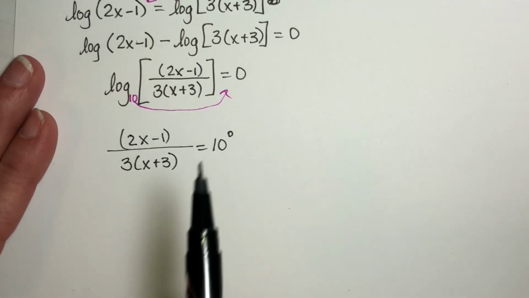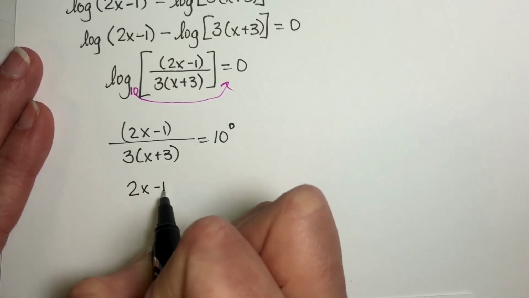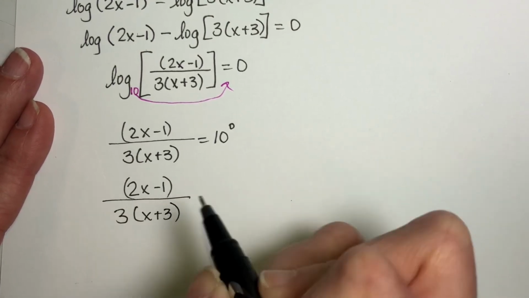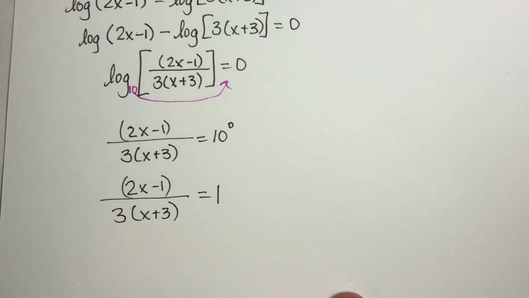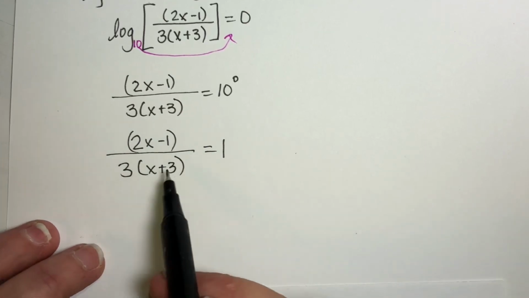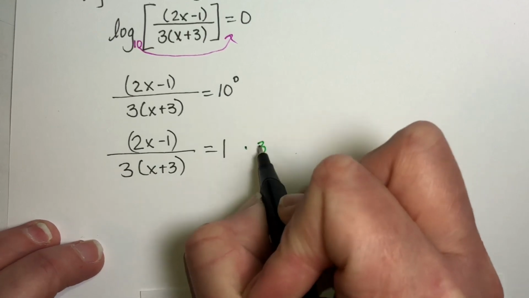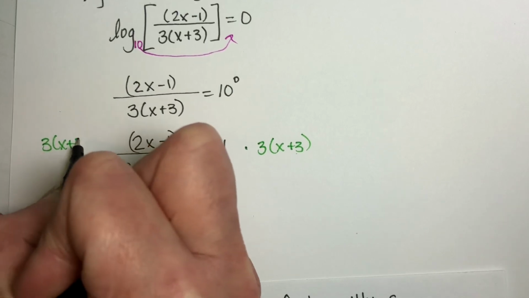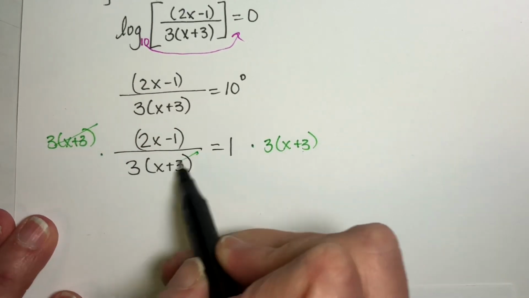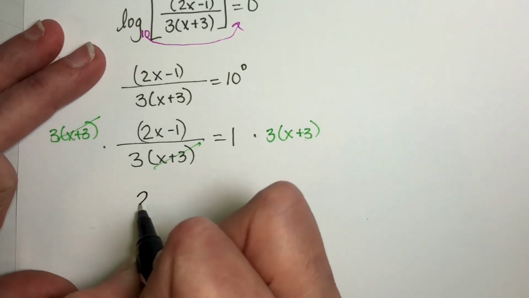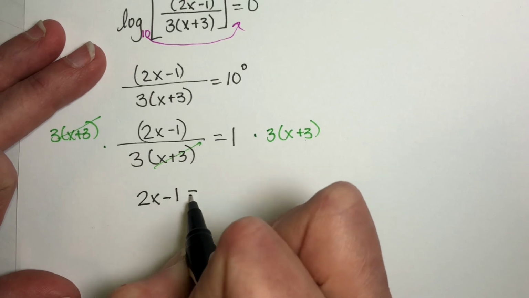Now anything to the 0 power is 1, so I'll have (2x minus 1) over 3 times (x plus 3) equals 1. Now this is a rational equation, and what I want to do is multiply both sides by this denominator. And so this cancels this, and the equation we end up solving is 2x minus 1 is equal to 3 times (x plus 3).